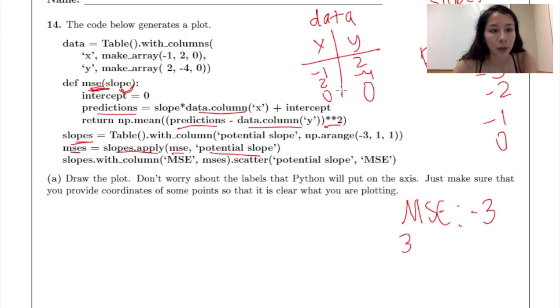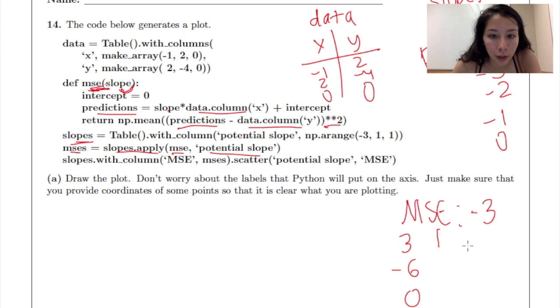So then we're going to return the mean of, okay, let's just start by doing predictions minus data column y. And then we're going to square those and take the mean. Okay, so 3 minus -1 is 4. Or wait, that's wrong. Okay, 3 minus 2 is 1. -6 minus -4 is -2. 0 minus 0 is 0.